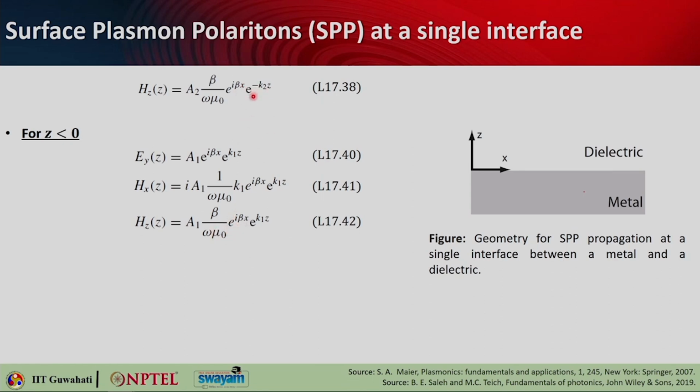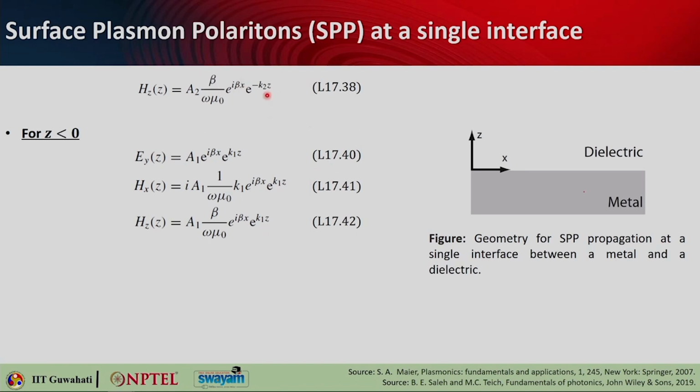What is different? The decay constant in the dielectric is e to the power minus k2 z, that is fine. Now in this case z is greater than 0. When z is already negative, you can replace this minus z by z because z itself is negative, so you simply have z, and the decay constant in metal is k1.